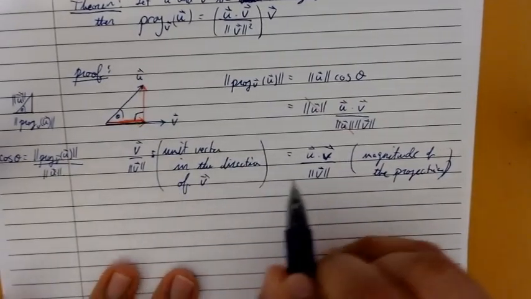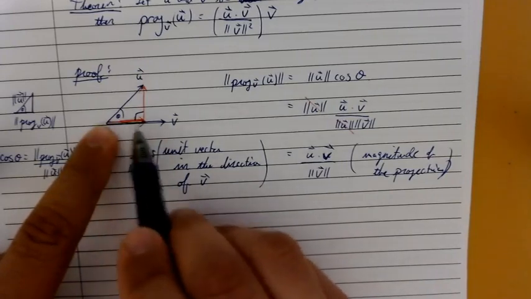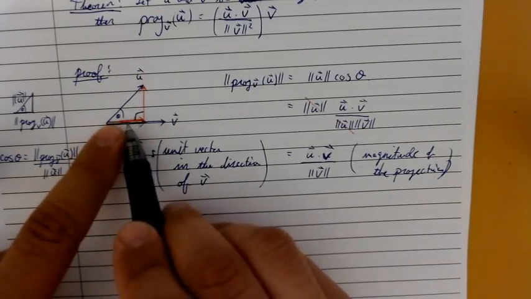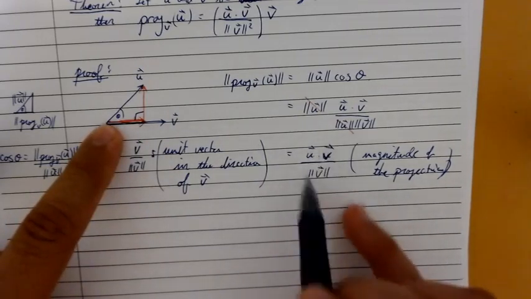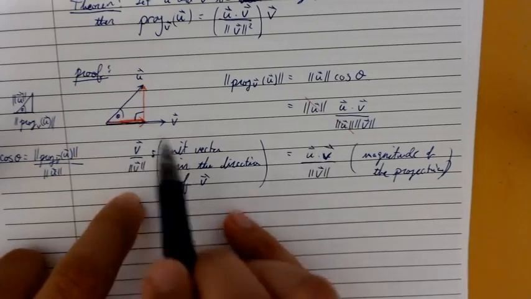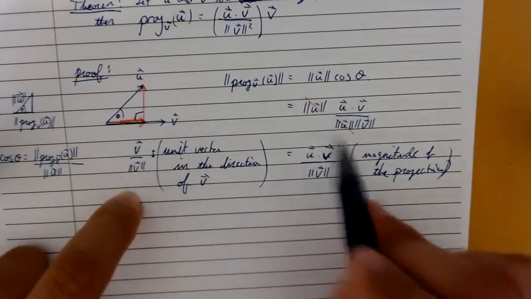So if I put these together, hey, here's my vector. Oh, but it's the wrong size. This is a unit vector. I need to scale it so that it's the right size. Oh, well, then I take this one and I scale it by this amount because this tells me how long it's supposed to be. This has magnitude 1. So 1 times this, oh, it'll give me a magnitude that's this.